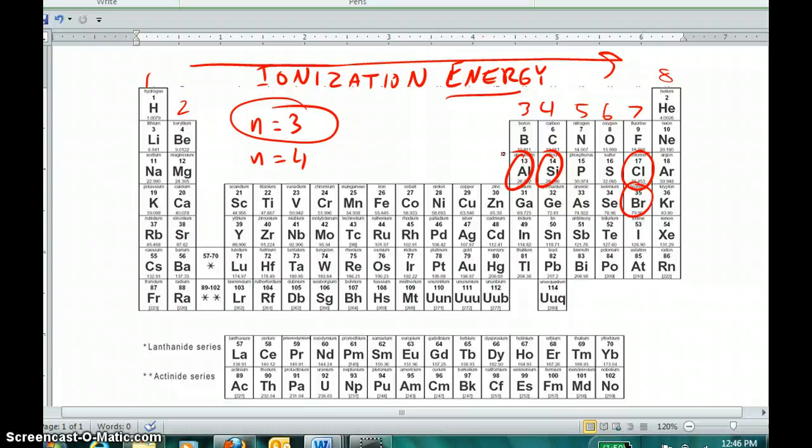Very simply put, because the effective charge of silicon is +4, and that for aluminum is only +3. It will require more work to be done to remove an electron from an atom with a greater effective charge than from one with a lesser effective charge. So in fact, silicon has a higher ionization energy than that of aluminum.